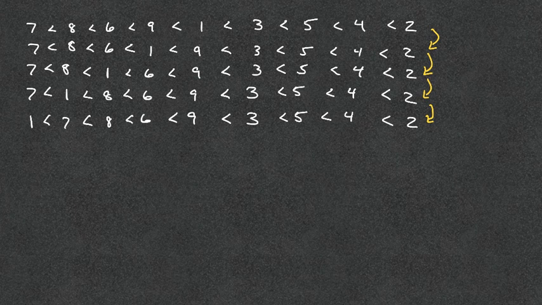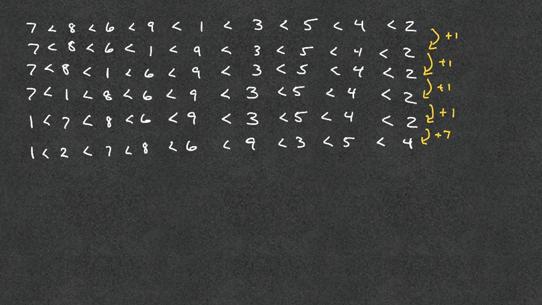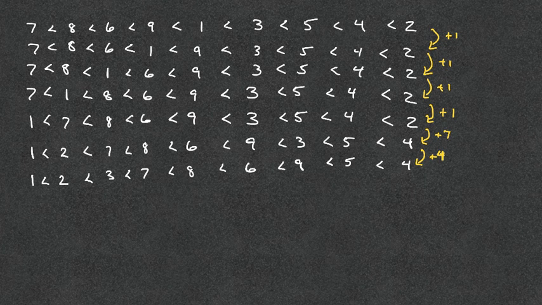Now, how many transpositions is it going to take to get 2 back to where it needs to be? We can see that it's going to take 7 different transpositions to get 2 back to its original place. Likewise, it's going to take 4 transpositions to get 3 back to its place. Then to move 4 to its place is going to take 1, 2, 3, 4, 5 transpositions.